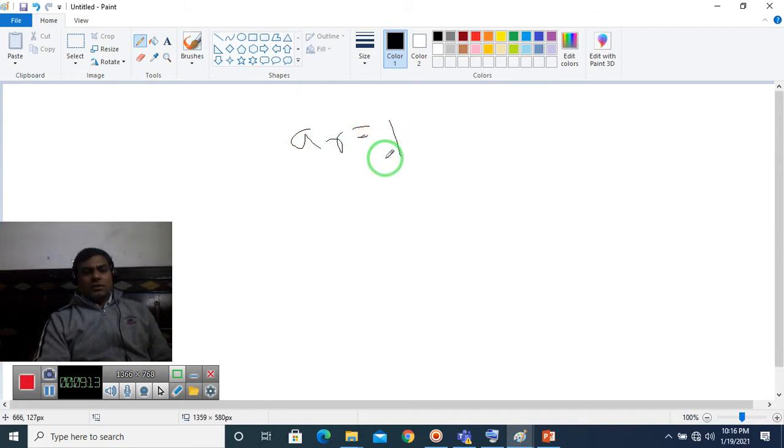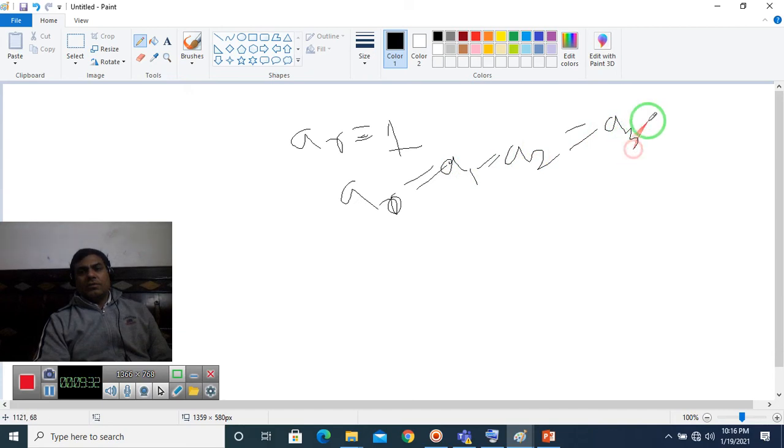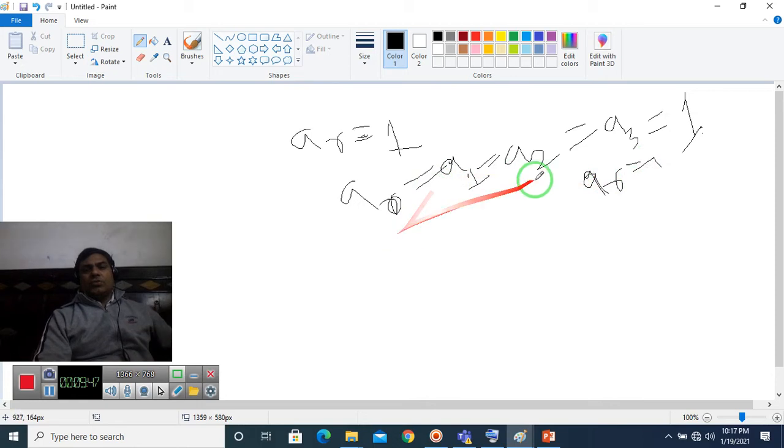If we put r equal to 0, r equal to 1, r equal to 2, r equal to 3, then the result will always be 1, because this is a constant term.